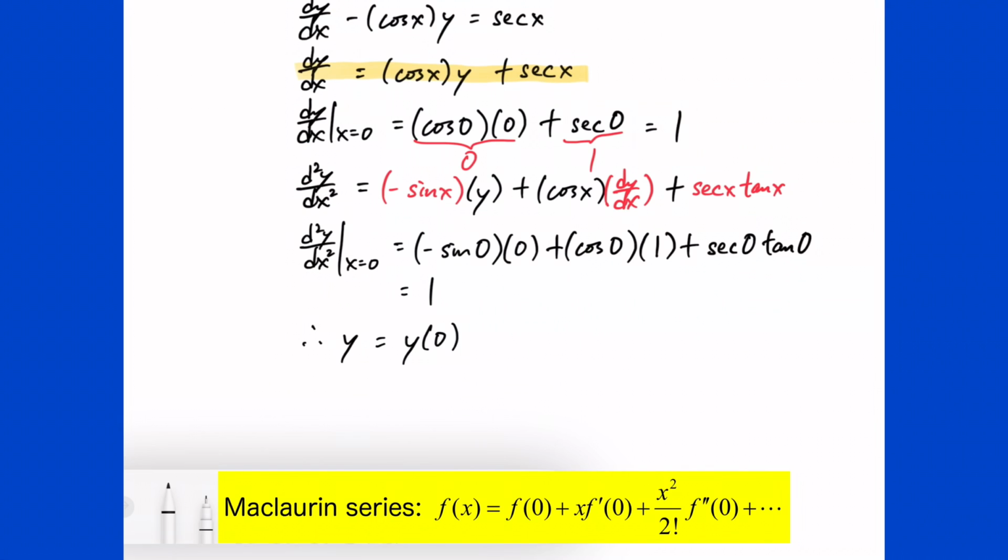Therefore, the conclusion is y is equal to y(0), which represents the functional value when x equals 0, plus x times the value of dy/dx when x equals 0, and then plus x squared over 2 factorial times the value of the second derivative when x equals 0. But as we know from the Maclaurin series, this is an infinite series, which means we have to indicate the notation plus ... every time.